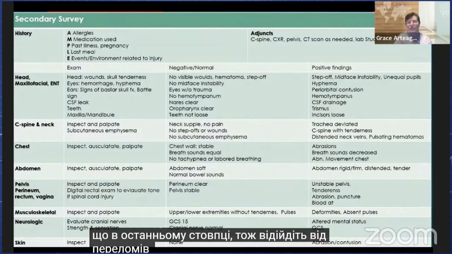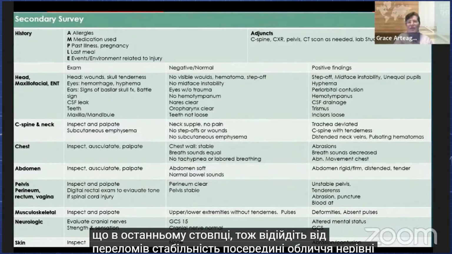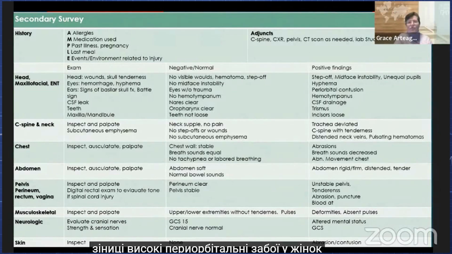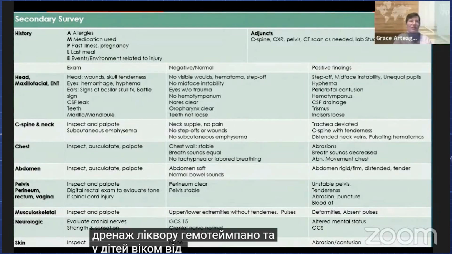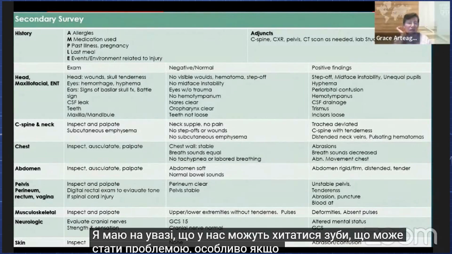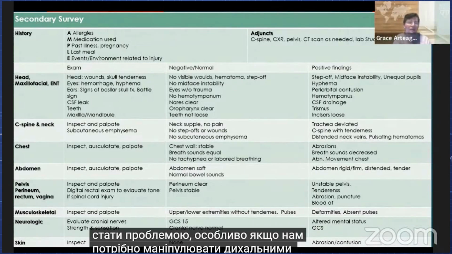So step-off fractures, mid-face instability, unequal pupils, hyphemas, periorbital contusions, hemotympanum, CSF drainage, trismus. And in children between the ages of 5 and 12, we can have loose teeth that can become a problem, particularly if we have to manipulate the airway.